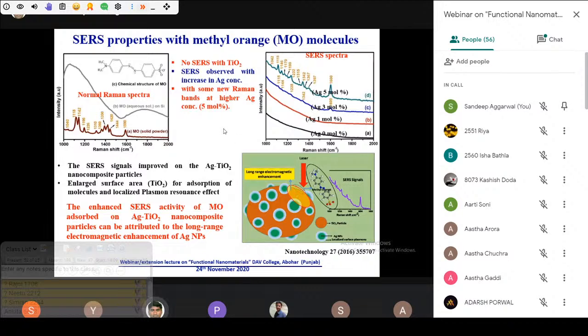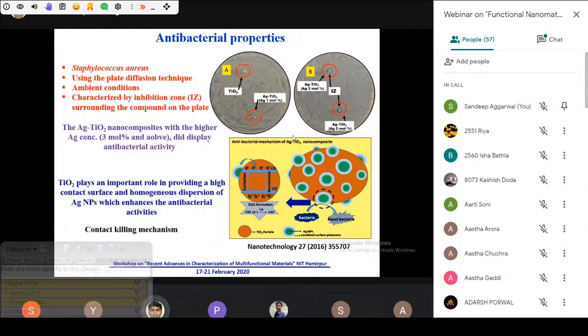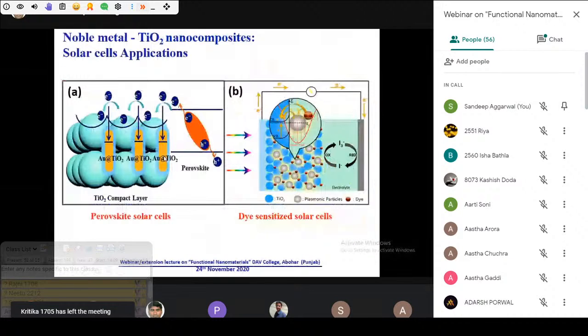For the PhD students, it will be difficult to understand this part, but just to say that when we combine these two materials, we see the enhancement in sensing and in antibacterial activities. And also these materials are used in solar cells. So these are the different solar cells.